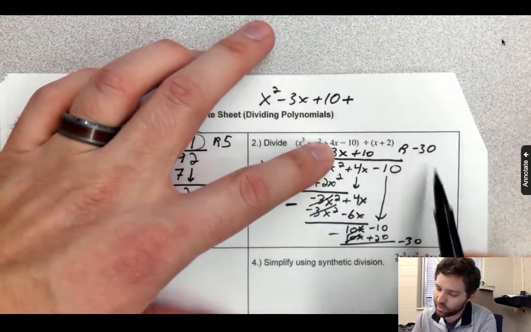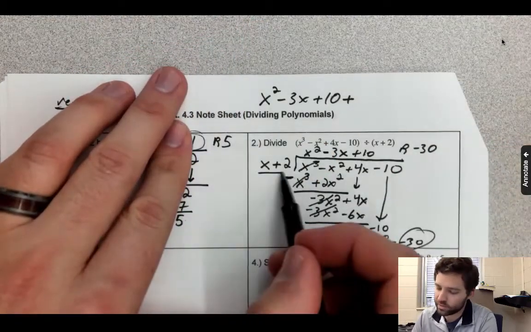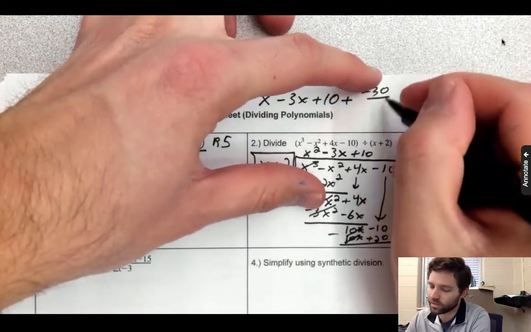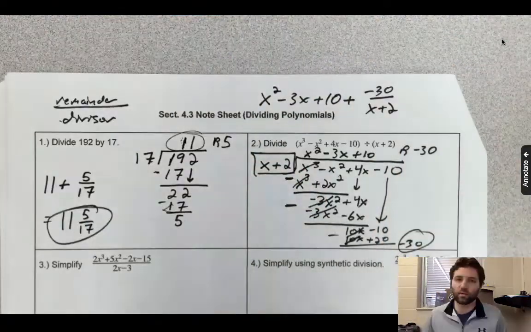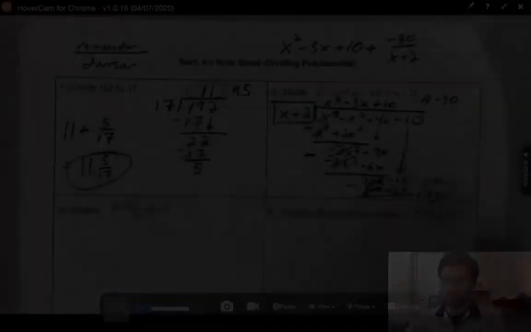So plus the remainder, which was negative 30, divided by the divisor, which was x plus 2. Okay, so negative 30 over x plus 2. And that's how long division works. Okay, you should go ahead and try number 3. Pause the video here, and then I will show you the solution in just a second.